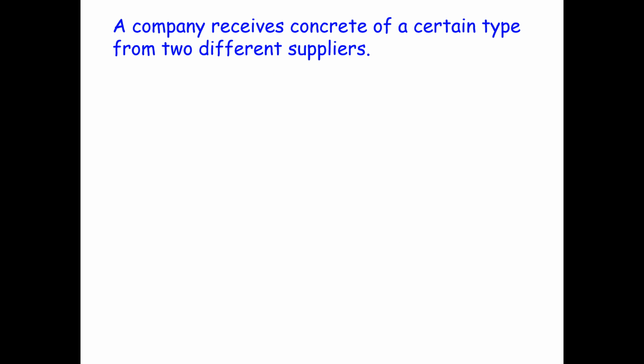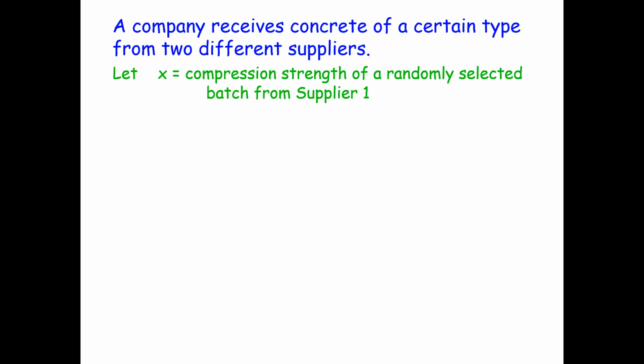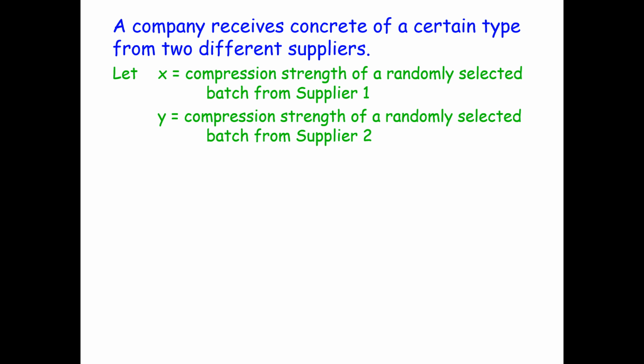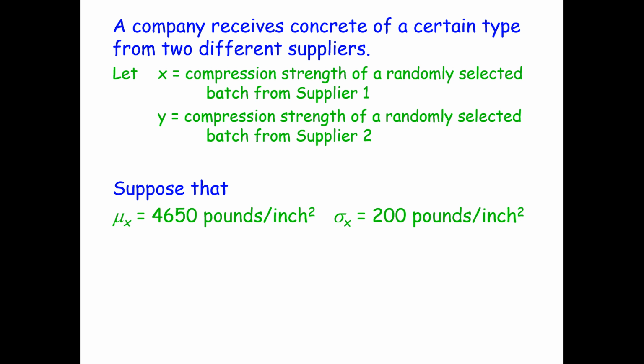So a company receives concrete of a certain type from two different suppliers. So we're going to let x equal the compression strength of a randomly selected batch from supplier 1. And we're going to let y equal the compression strength of a randomly selected batch from supplier 2. Now suppose that mu sub x equals 4,650 pounds per square inch, and that our sigma sub x equals 200 pounds per square inch.